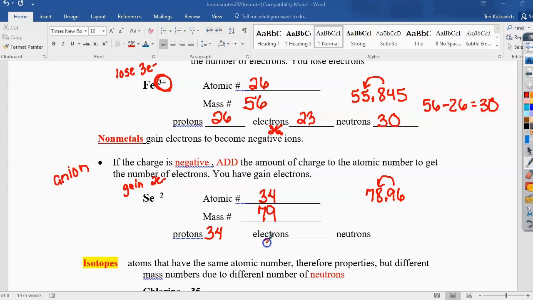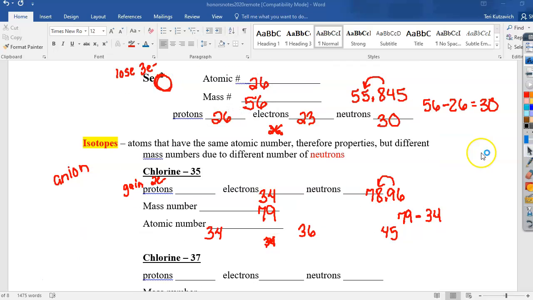In a neutral atom, this would have 34 electrons, but it's not neutral. It's this negative charged ion. So that means we gain 2, so we have 36 electrons. And to get my neutrons, it's 79 minus 34, so I have 45 neutrons.